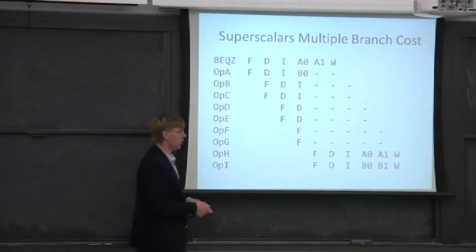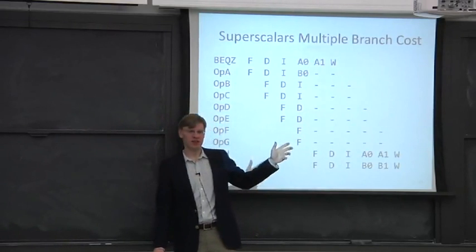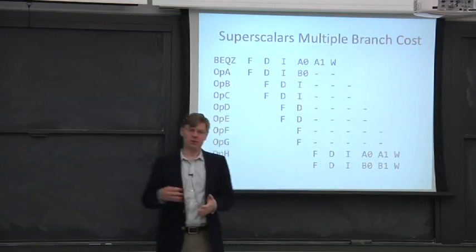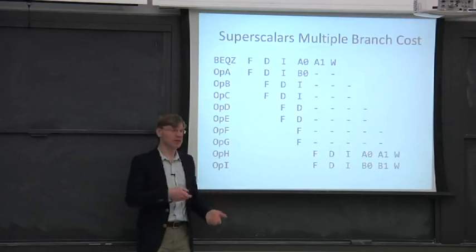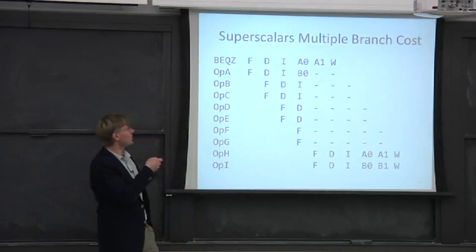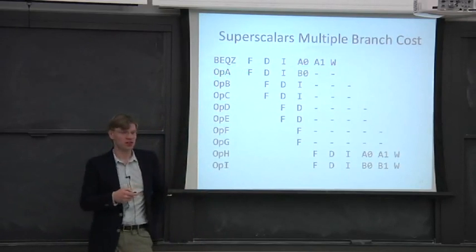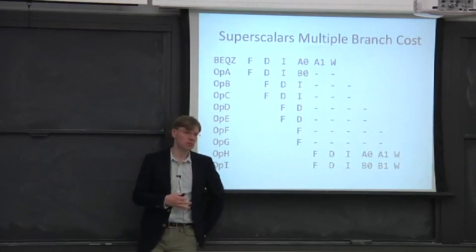Well, if we're lucky, we can try to predict the destination with some accuracy and have a branch predictor which will figure out where the destination of the actual branch is with some high probability. And then instead of executing, let's say, op A here, which is a dead instruction, the incorrect branch target, we can try to fetch and execute the correct branch target.